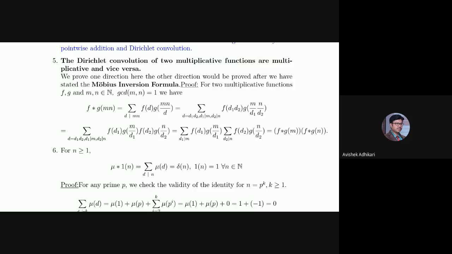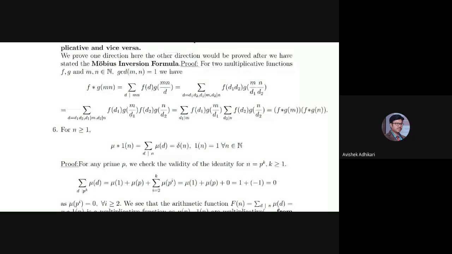We consider two numbers m and n which are coprime, and two arithmetic multiplicative functions f, g, and we Dirichlet product them. As m and n are coprime, any divisor of mn, which is d, we can write as d1 d2, where d1 divides m and d2 divides n. As m and n are coprime, they don't have any common divisor except 1. So the gcd of d1 and d2 must also be 1.